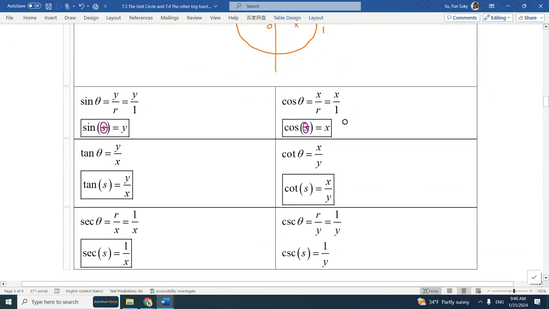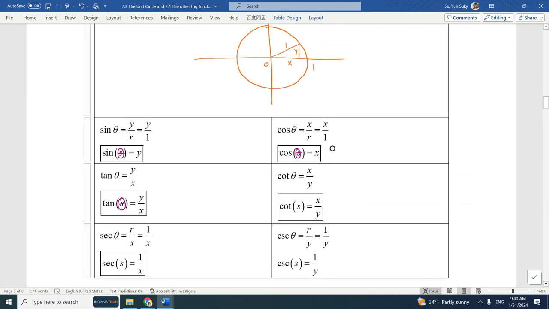And next, tangent theta. Tangent theta is y over x. Cotangent theta is x over y. And secant theta is now 1 over cosine, so that's 1 over x.